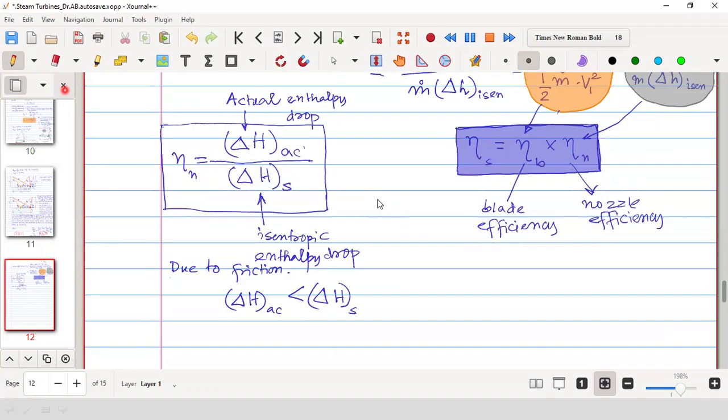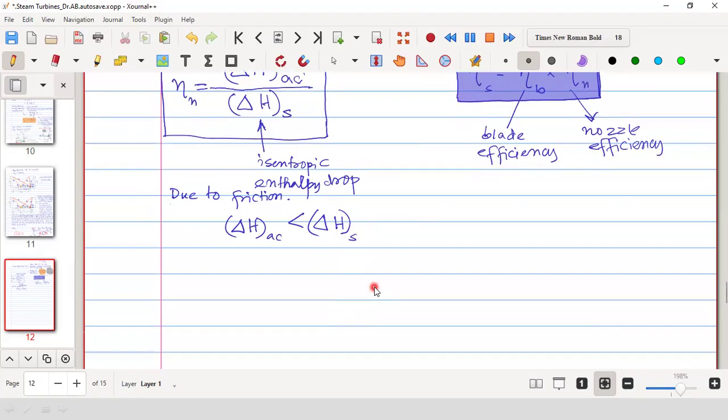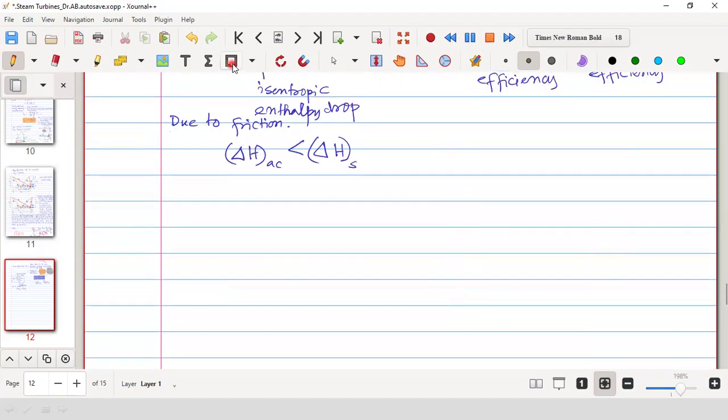Here the actual enthalpy drop will be less compared to the isentropic process, and therefore the kinetic energy gain will be less. Now we will determine the condition for maximum efficiency.